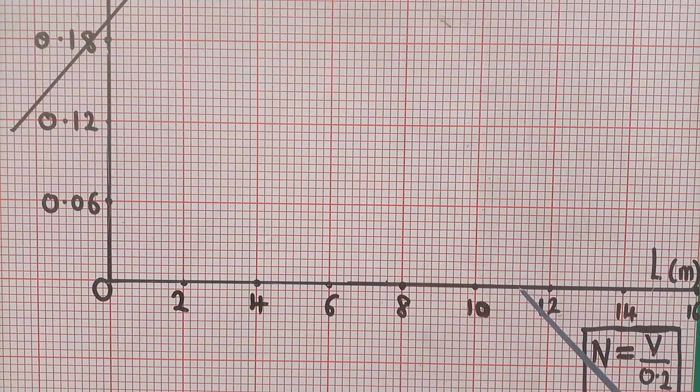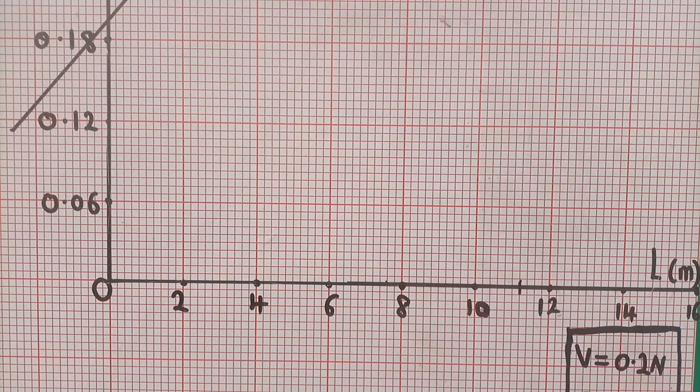How do we calculate it? We turn to this formula again, but we make the V the subject. Let us see. There we go. V is equal to 0.2n. This 0.2n is a formula for knowing the value of length at this position, at this point.